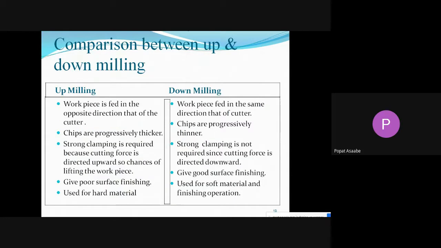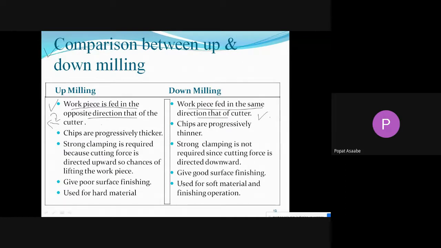Okay, see the basic difference between up milling and down milling. First difference: the workpiece is fed in the opposite direction to the cutter. It means the workpiece feeding direction and the cutter rotary direction are opposite, so it is called up milling. But in down milling, the workpiece is fed in the same direction as the cutter.